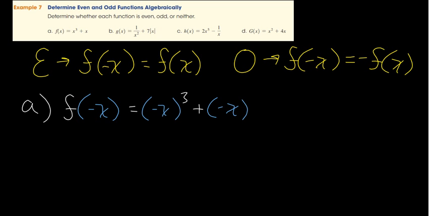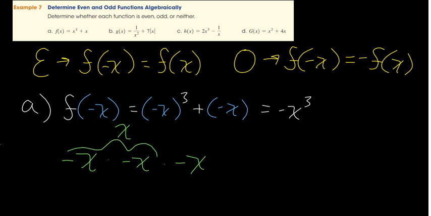Well, negative x cubed is simply going to be a negative x cubed. Let's write this out. If we had negative x times negative x times negative x, well, negative x times negative x gives me a positive x squared. A positive x squared times a negative x gives me a negative x cubed. So that's how I got this negative x cubed there.